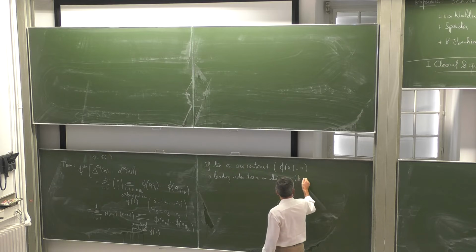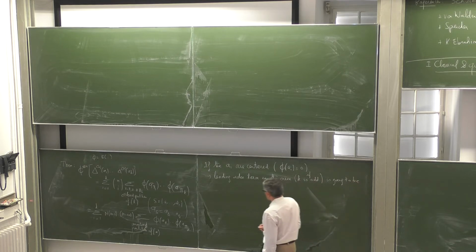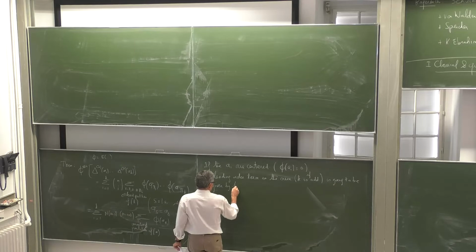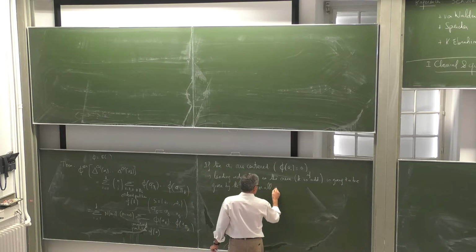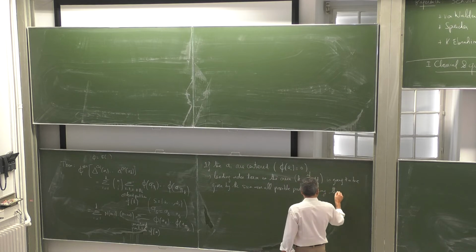assuming that K is even, the leading order term in the sum is going to be given by the sum over all possible pairings among the A_i's.